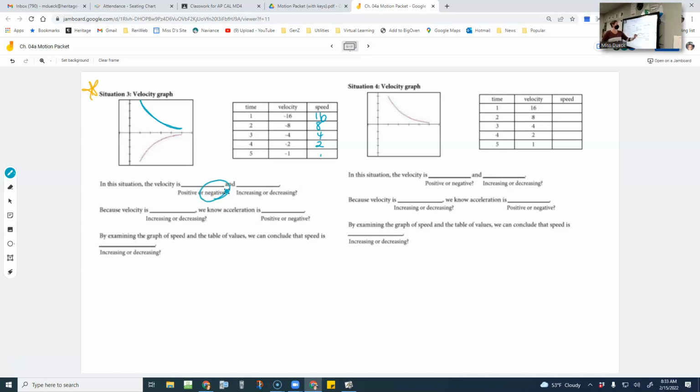Velocity is negative and increasing, which most people would think the speed is increasing, but it's not. Because the velocity is increasing, as you see, velocity is going up. Acceleration is positive, so you're moving to the left, and that acceleration force is pushing against it.